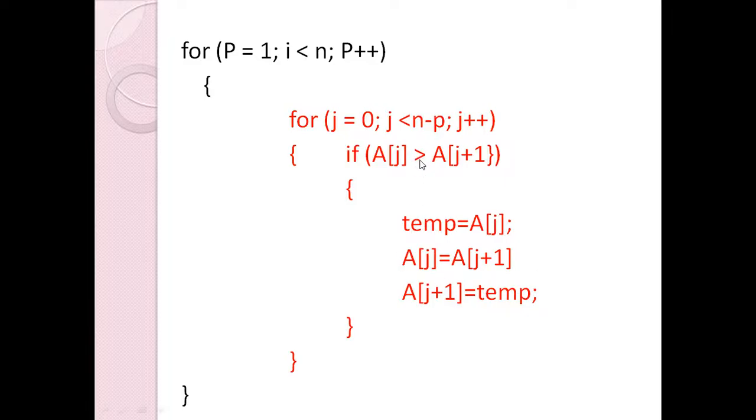Changing this sign, if A[j] is less than A[j+1], the lesser element goes on the right side. So I hope that you have understood how the bubble sort algorithm works. Please solve a few examples by hand and write the program and execute it on your computer.